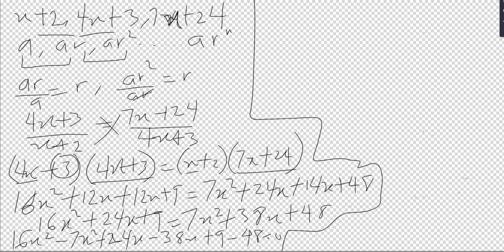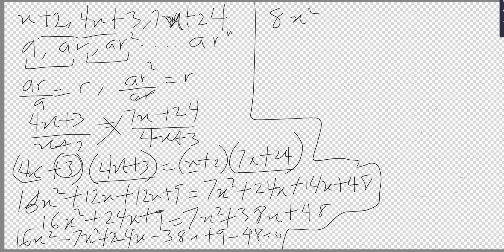So 16 minus 7x squared is giving us 9x squared, and 24 minus this will give us minus 14x. Then 9 minus 48 will also give us, that's roughly 39 if I'm not mistaken. That's minus 39. So this is the case that we have here.